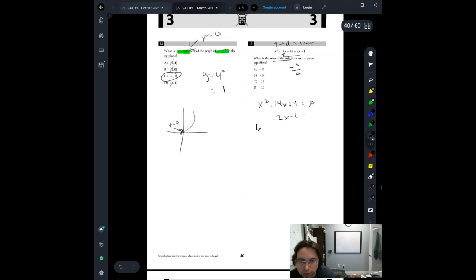This is all equal to 0 now. So that's going to give me x squared minus 16x plus 3 equals 0. So we have negative b over a. That's going to give me negative negative 16 over 1, so 16 is the answer choice. D is the answer choice there.